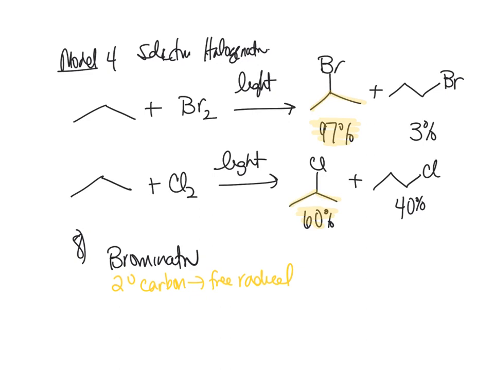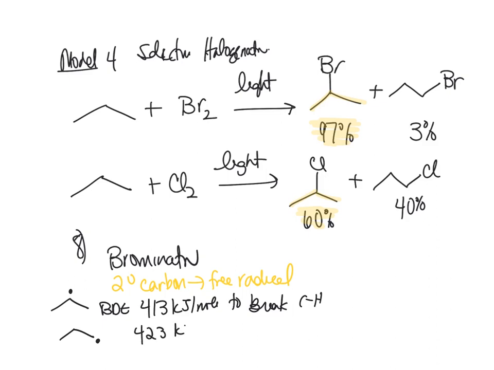The bond dissociation energy to form a secondary radical is 413 kilojoules per mole to break that carbon-hydrogen bond, and to form a primary, it's 423 to break the carbon-hydrogen bond.